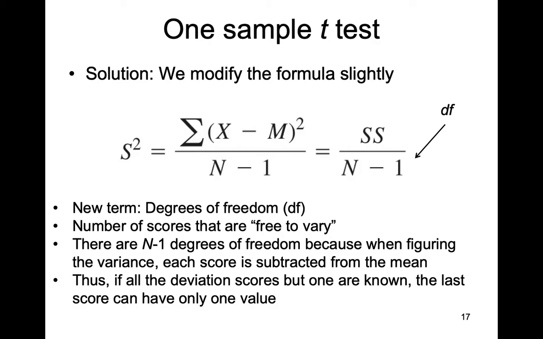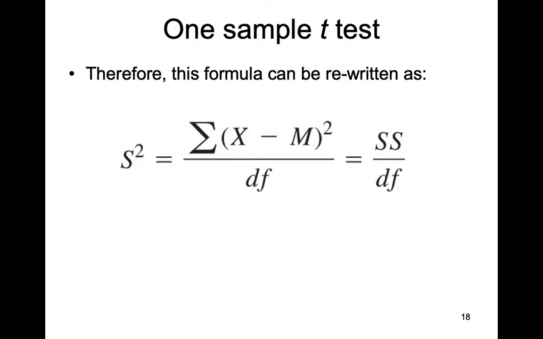We could go much deeper into that, but for our purposes, it suffices to know that degrees of freedom is a concept, and in most cases, at least with the t-test that we'll be using, it is calculated as n minus 1. So therefore in this case we have n minus 1 degrees of freedom.